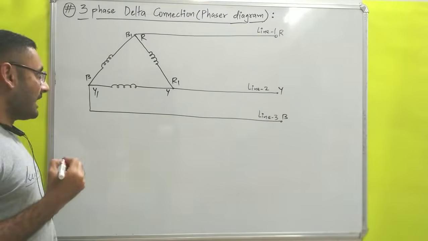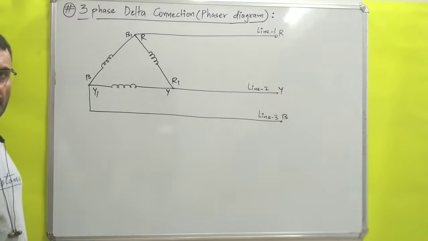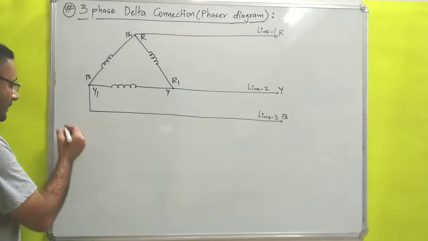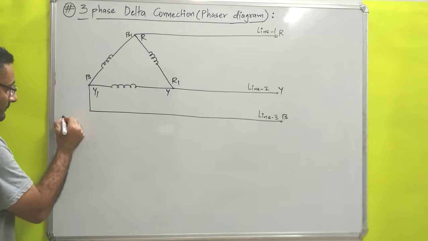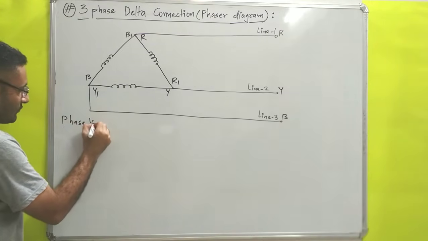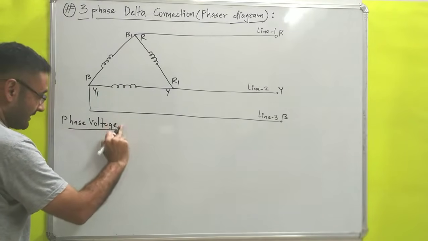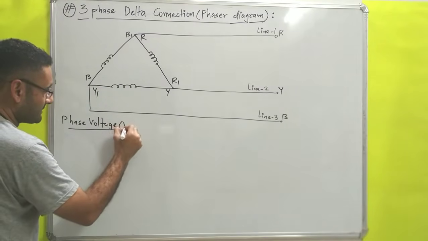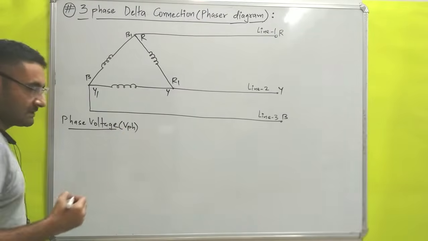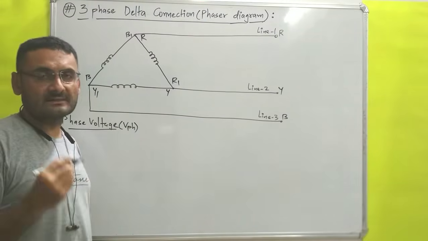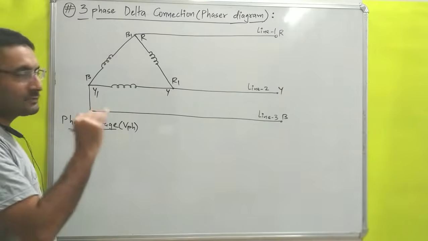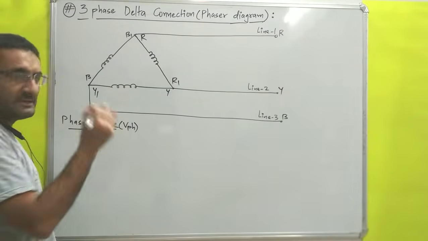Okay. After that we'll talk about the different types of voltages and currents. So first we'll discuss phase voltage. Now phase voltage means what? Phase voltage is denoted by VPH. Phase voltage means such voltages which are produced in the phase.